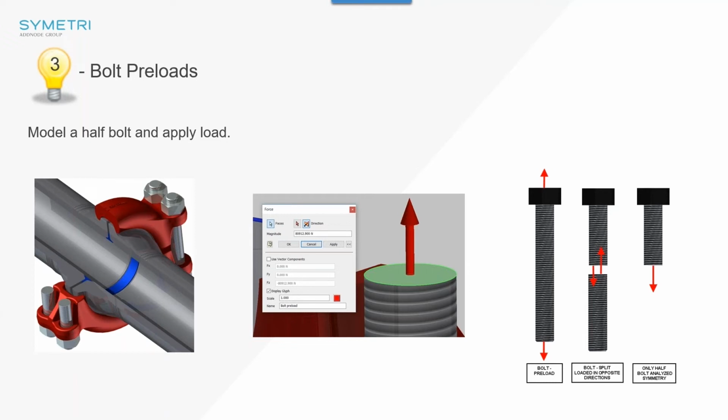One option, and this is an example again from a customer in the UK, is to break the bolt in half along its shaft, and then apply a load where you cut it, and that way it will give you some sense of preloading as well. If you want to see the whole bolt, you can split the bolt and then apply a load in opposing directions, as you can see in this middle diagram on the left side, with arrows opposing one another. So it can be done.